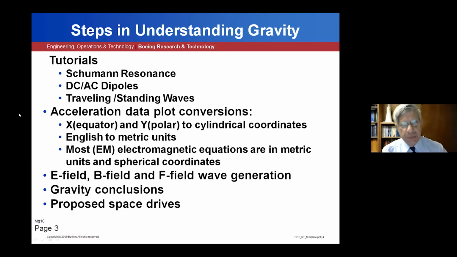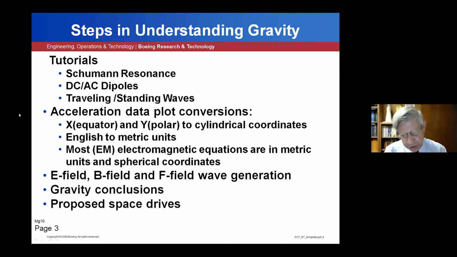And okay, the tutorial is, this is kind of an outline of what it is. I started with electromagnetic field generation, and then as that ties into Schumann resonance, which is one of the key points of working here on planet Earth. And then the second tutorial is on AC and DC dipoles and electromagnetic equations.